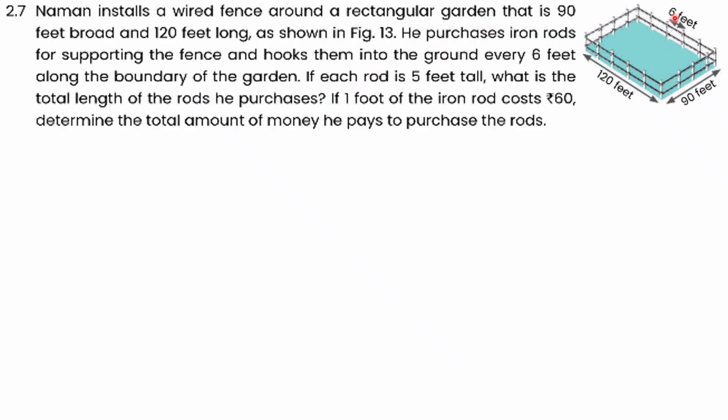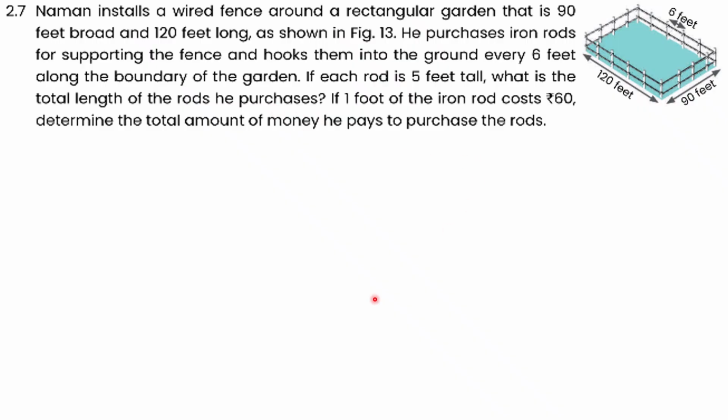If each pole is installed every 6 feet along the boundary of the garden, and the length of each rod is 5 meter tall, what is the total length of the rods required?